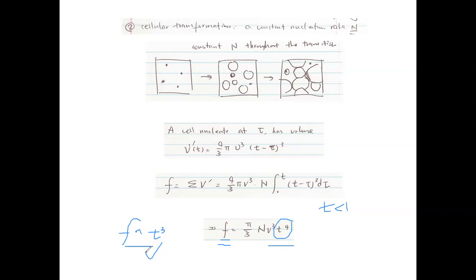Why is that physically? Because you produce basically all the nuclei in the very beginning of the process, so you start with many more particles to grow. Initially, you're definitely going to have a much faster growth compared to this. But when t is greater than 1, when t is large, eventually this mechanism is going to win.